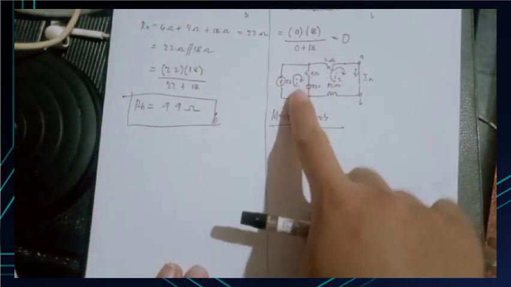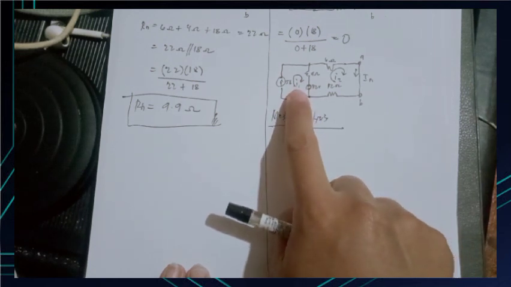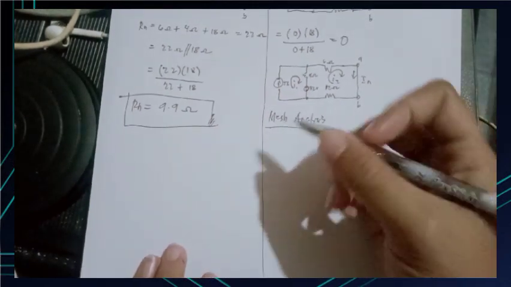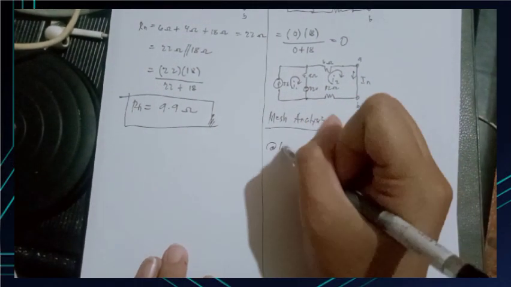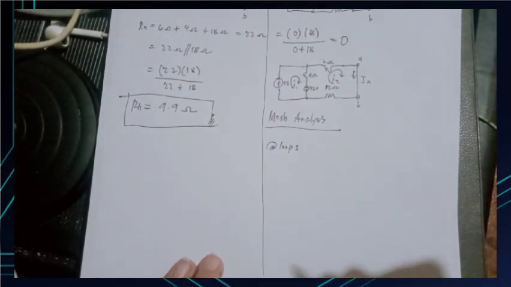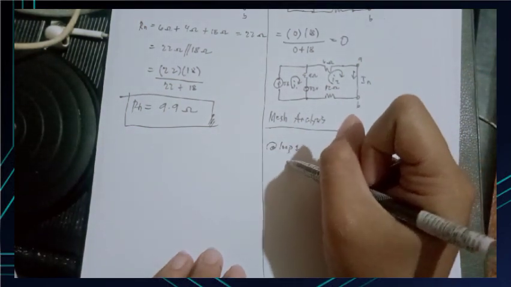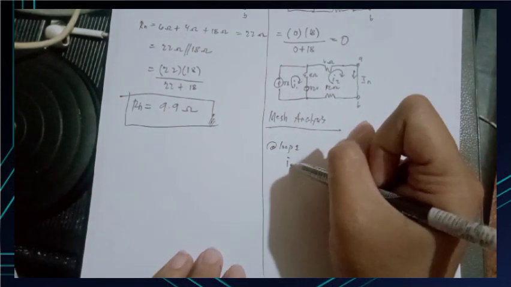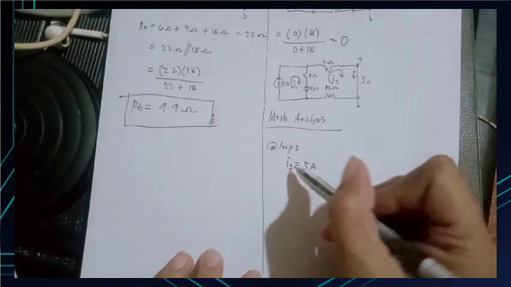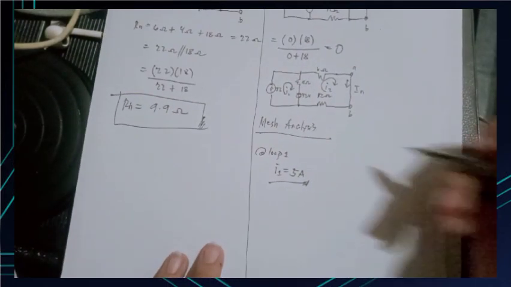So, sa loop 1 natin ngayon, kung mapapansin nyo, ang kasama lang ng I1 is ang 5 ampere. So, at loop 1, since 5 ampere lang ang kasama, mabilis na natin makukuha. I1 is equals to 5 ampere. So, paano natin makuha naman ang ating loop 2?